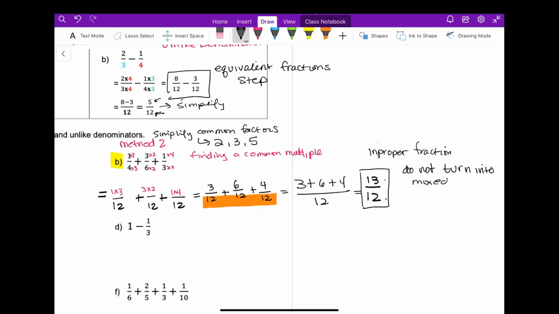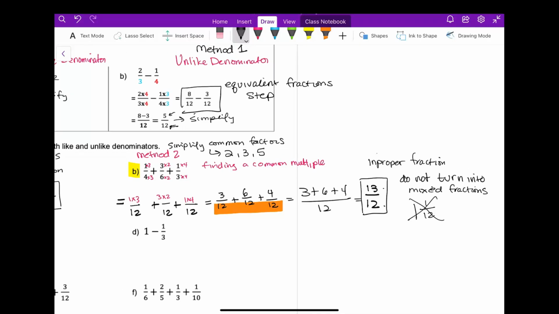This is a common problem because students are uncomfortable with this and they want to make it into something like 1 and 1 over 12. We don't need to do that. Although it is true and it is equivalent, you do not need to take that step. All we need to do is simplify, but that does not mean you should go into a mixed fraction.